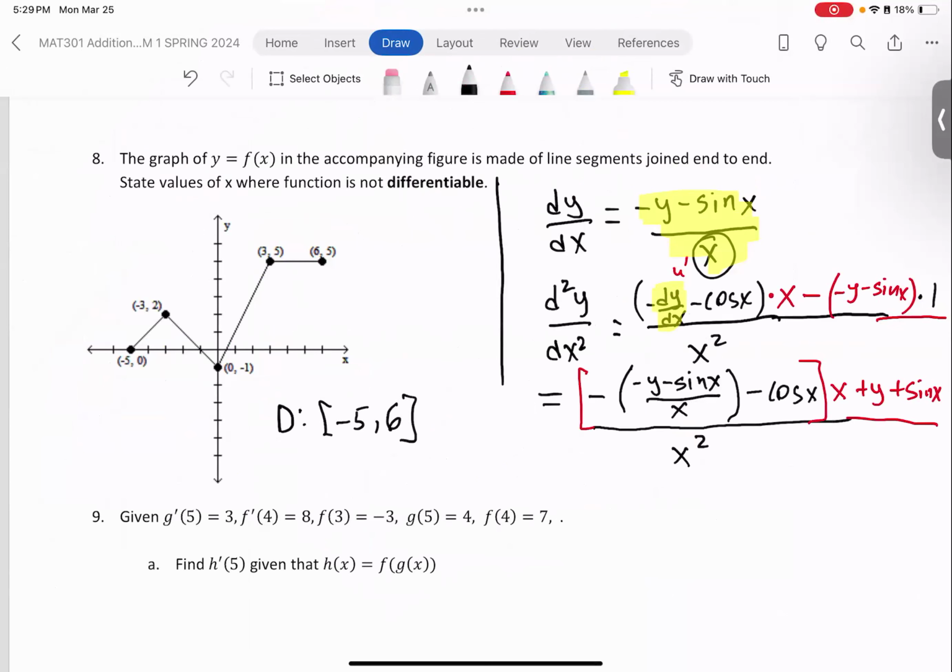I mean, we can count: 1, 2, 3, 4, 5, 6. Remember, domain is the x. Are we okay? Okay, -5 to 6. What about the range? 0 to 5. Wait, no, -1 to 5. Okay, fine.